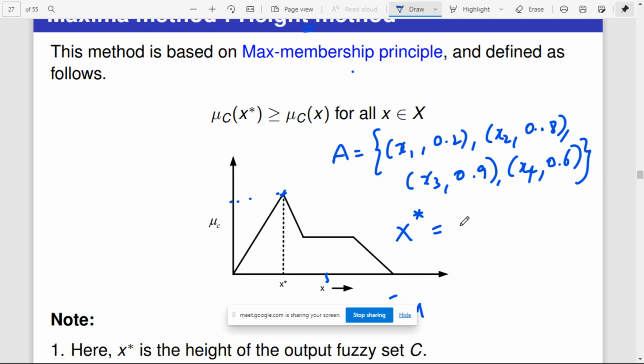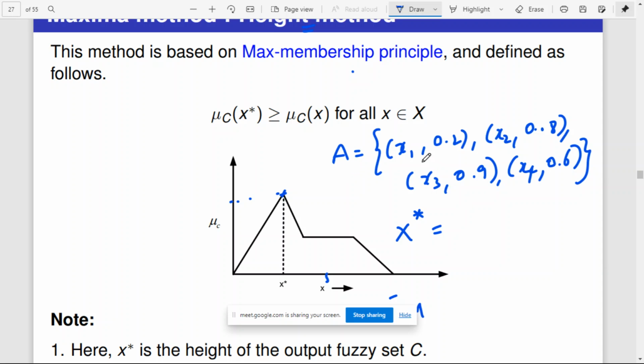Answer please. What will be the value of x star? Are you following or not? See, for which value of x here is the membership value maximum?